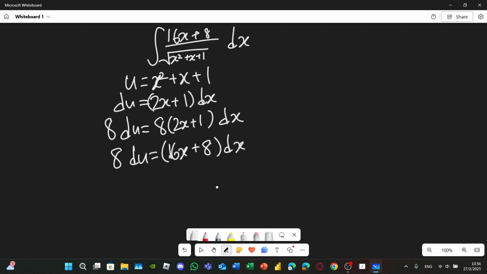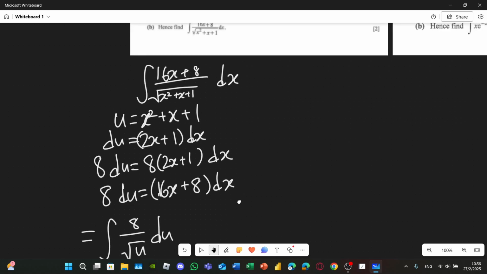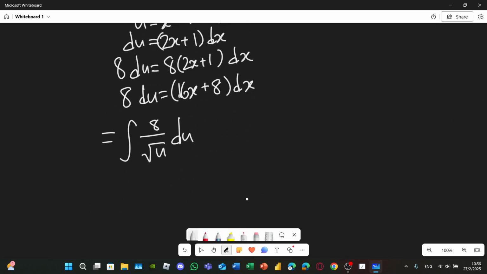And then I can finally go to performing my u substitution for this one. So what I'll have is the integral of 8 over, I let u equals x squared plus x plus 1, so I'll have 8 over square root of u du. Then this integral will become a lot easier to work with. If you want to rearrange it to become negative exponents, then go ahead by all means.